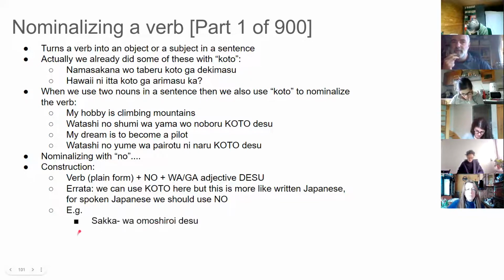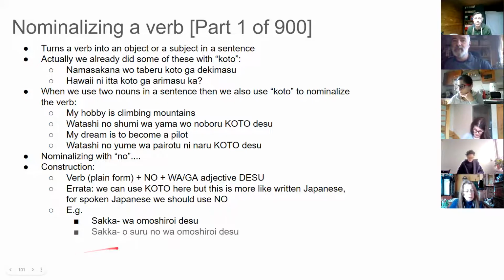For example, maybe I want to say soccer, football is interesting. I would just say soccer wa omoshiroi desu. But maybe I don't know if this means playing football is interesting, or watching football is interesting, or looking at photographs of footballers is interesting. So if I want to say playing football is interesting, then this is soccer o suru no wa omoshiroi desu.